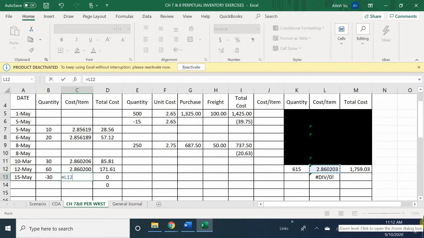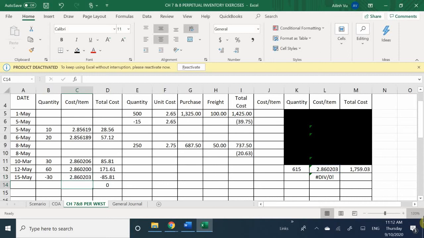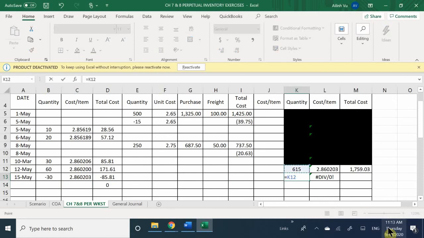We only have one number, so we need to refund the $85.81. So we add it back into inventory. That's not what happens in real life, but in this case, we need to calculate our inventory the way it is. So we are adding back our 30, and now we are back up to 645 items.